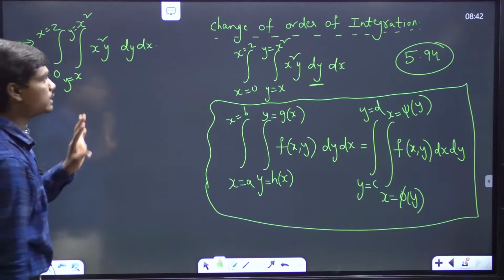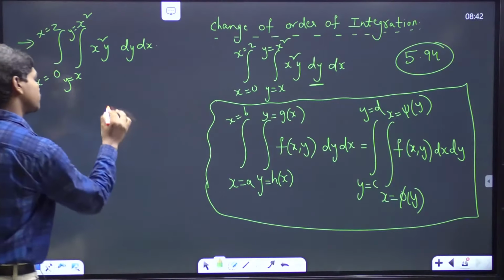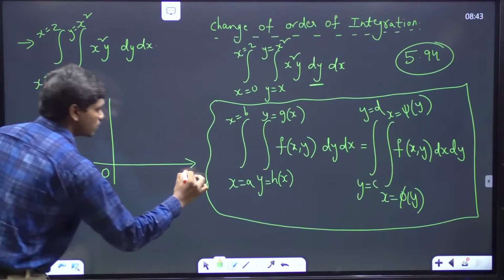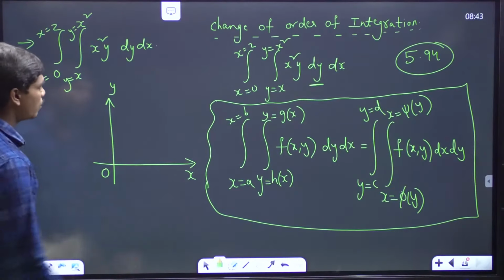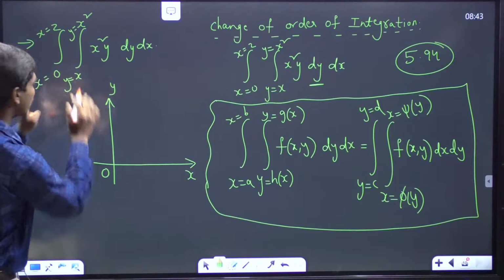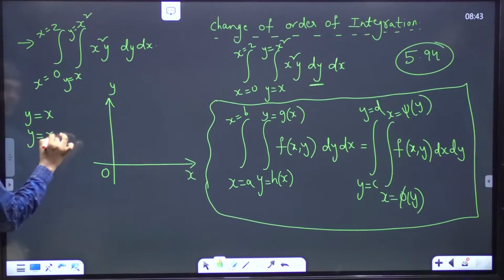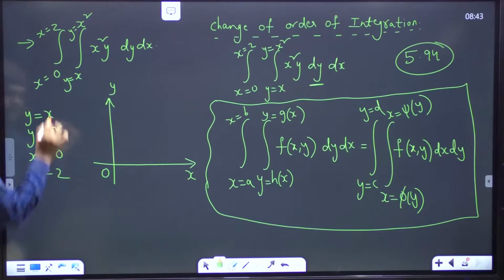These are the lines, these are the things that we have here. Now let us do the things. 0, x, y. Now, what are the curves? Four curves that are involved here: y is equal to x, y is equal to x square, then x is equal to 0, x is equal to 2. These are the four curves.